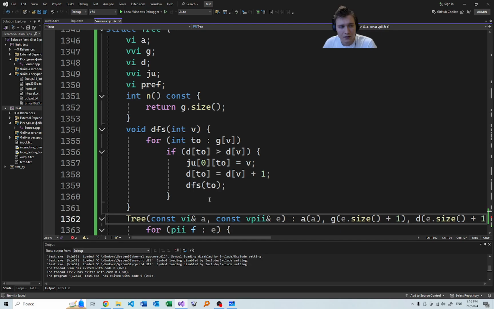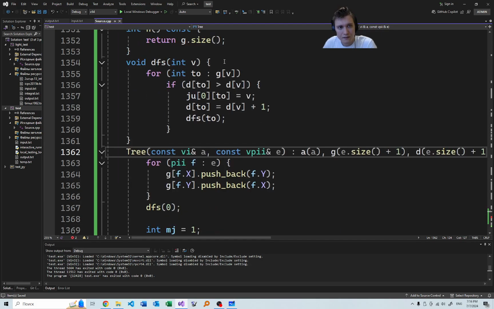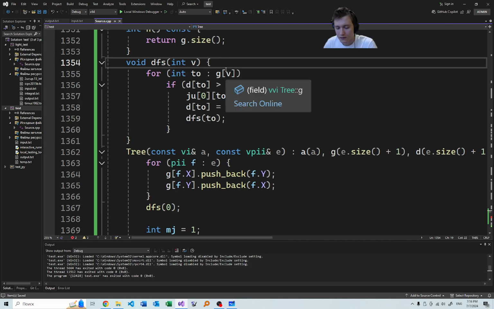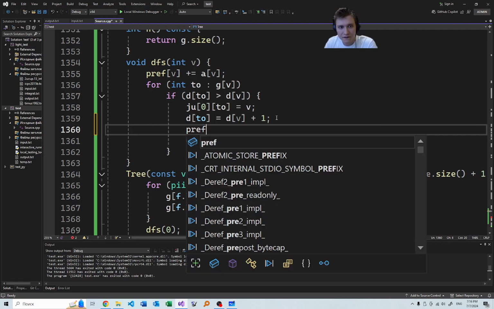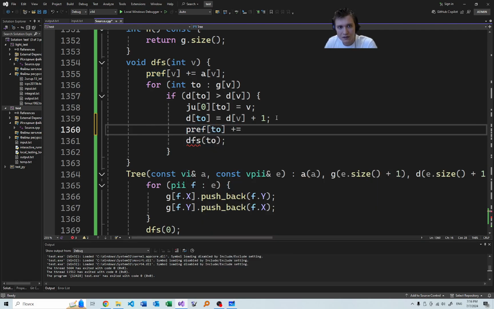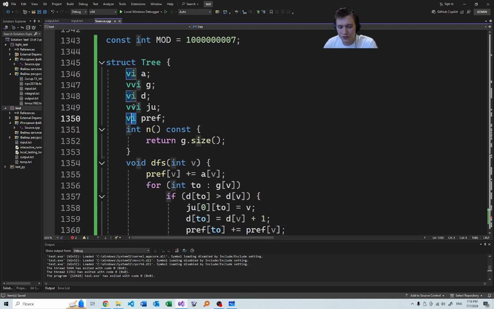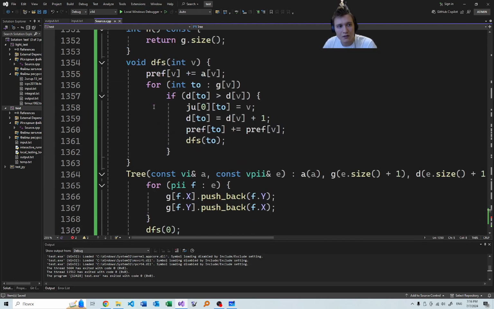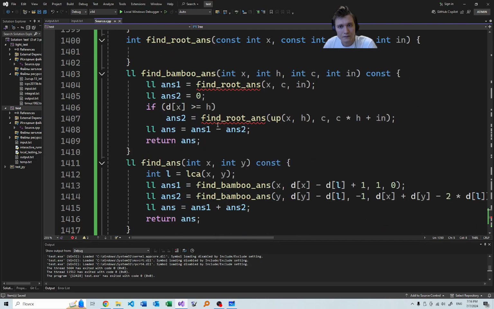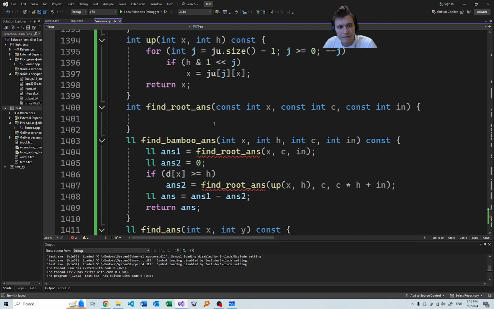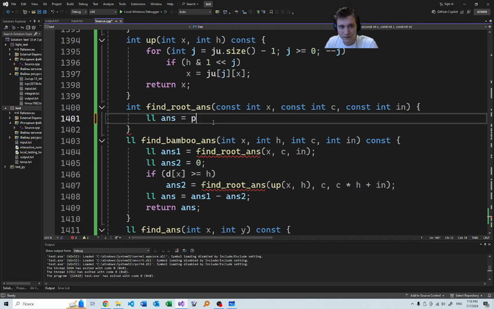Okay, in DFS, here I write that ref of v plus equals a of v. And here I say that ref of 2 plus equals ref of v. And it should be real, of course. Okay, so now I know the prefix sum of x.